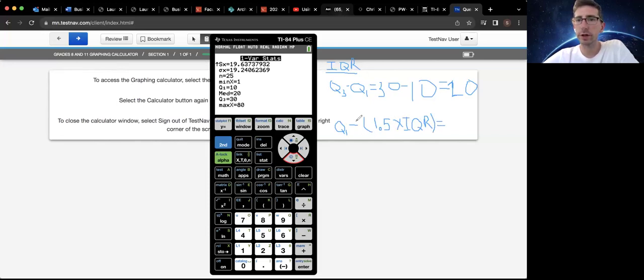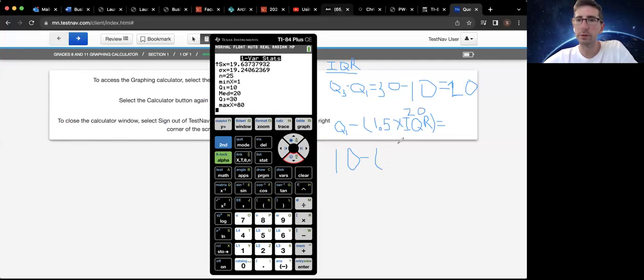And this order here is actually very important. You wouldn't want to do this multiplication and then subtract the Q1. We need to make sure we keep it in this order. So our Q1 is 10, right? We'll see why the order is important here in a second. So we're going to take 10 and we're going to subtract 1.5 times our IQR, which we've already calculated, right, is 20.